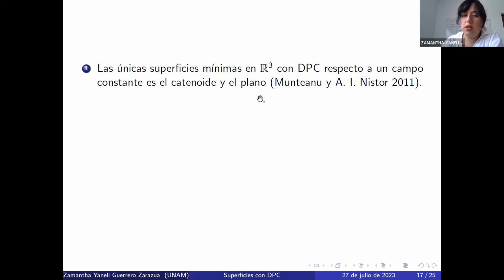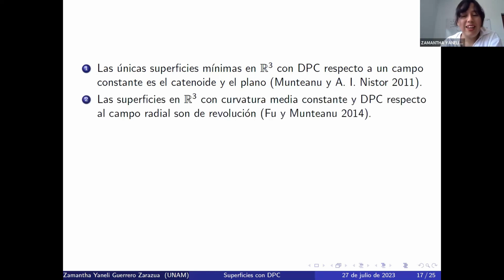Those are going to be the only ones. Then in 2014, it was found that if the surface had canonical principal direction with respect to the radial field, then it had to be of revolution, which again is consistent with what we had found.